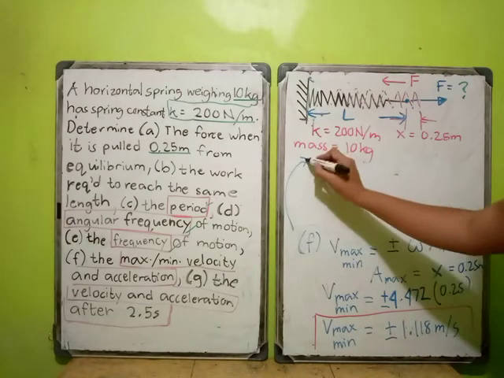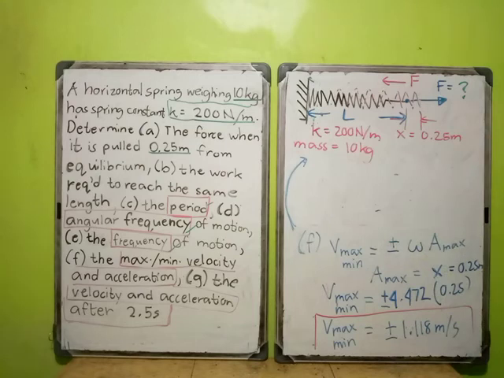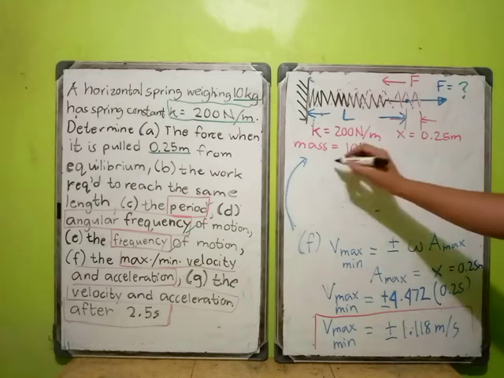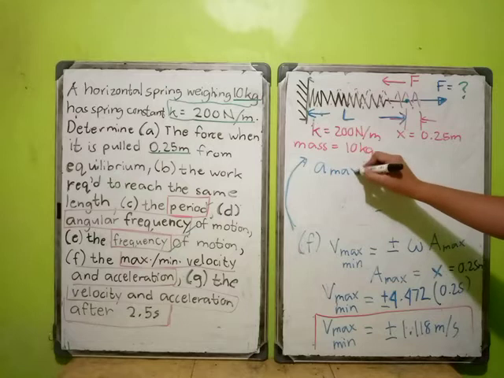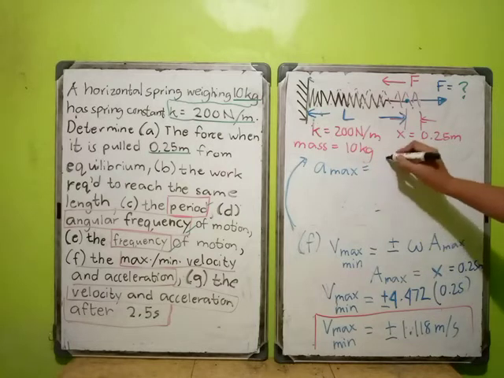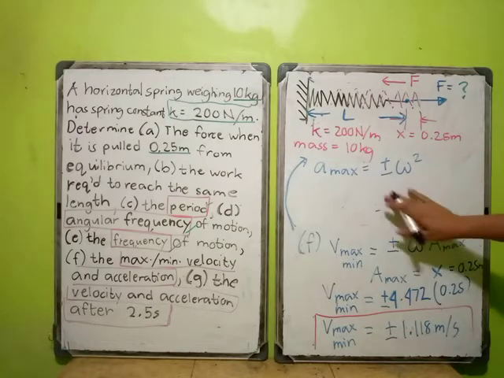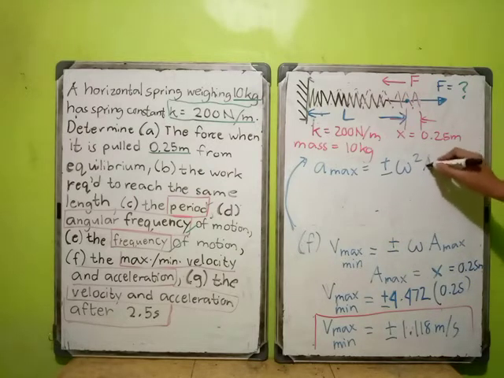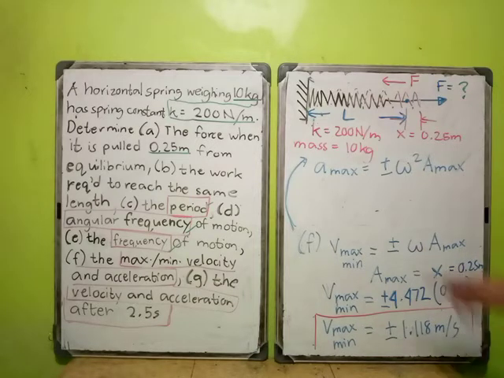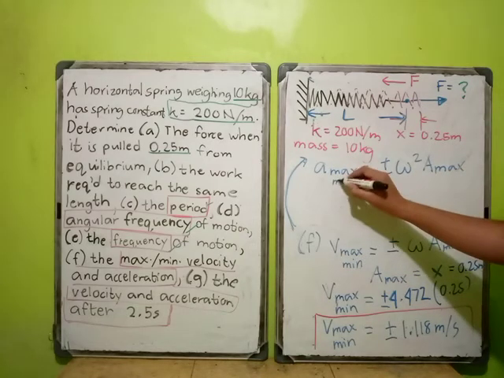So we know that V, okay? So kung ito yung formula ng V max, ito naman yung acceleration maximum. Okay? Pero dito, positive and negative omega squared times A max. Okay. So ito yung formula. A maximum or minimum.